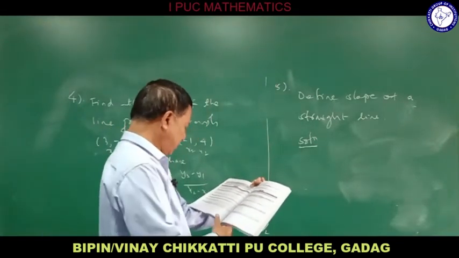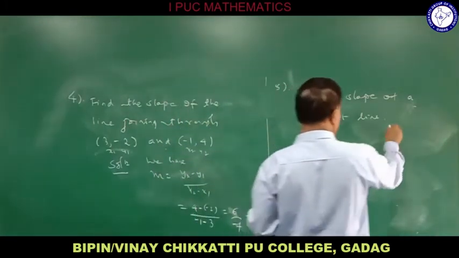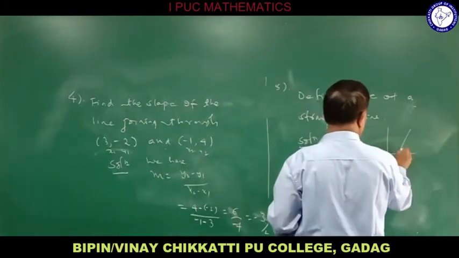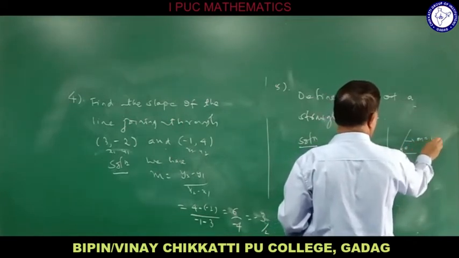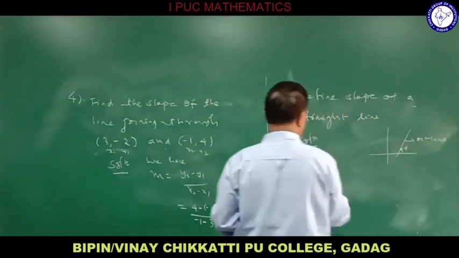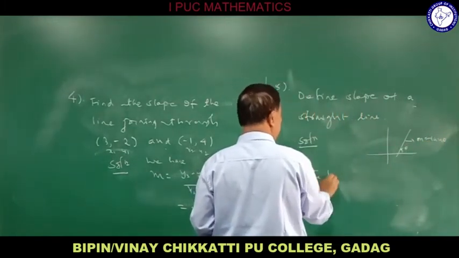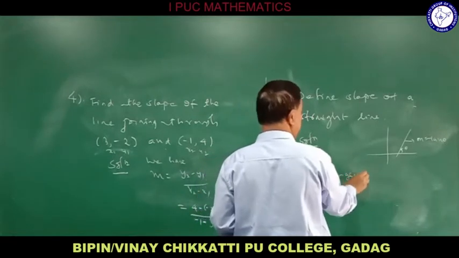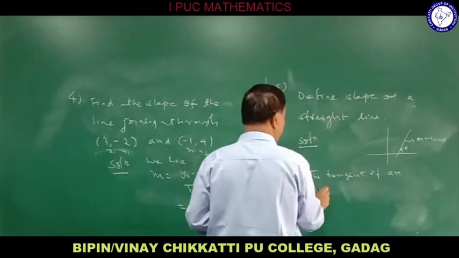So what is the slope of the straight line? M is equal to tan theta. The slope of the straight line is given by the tangent of the angle of inclination.